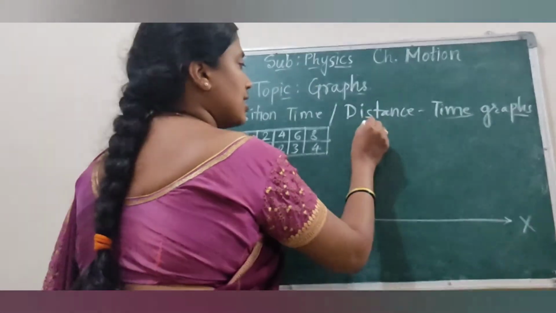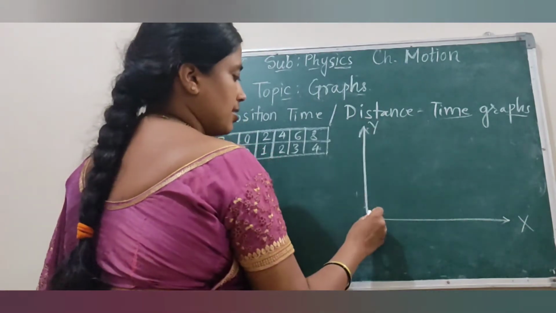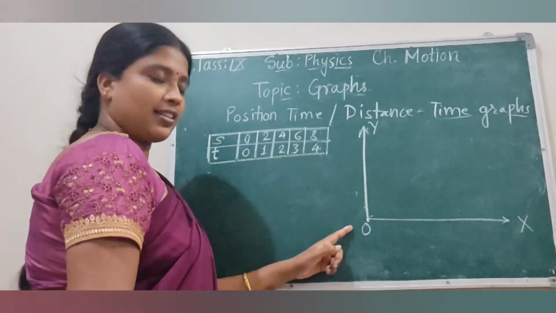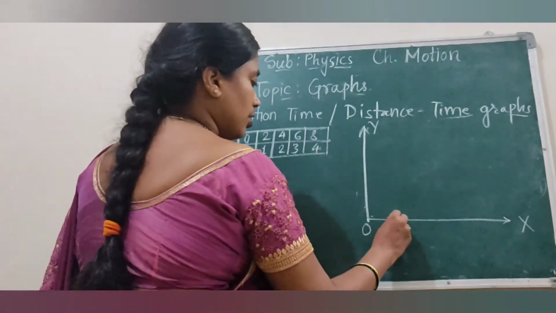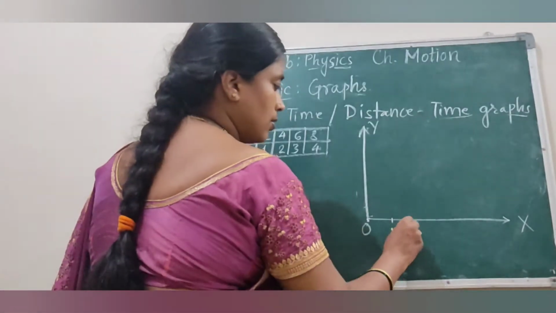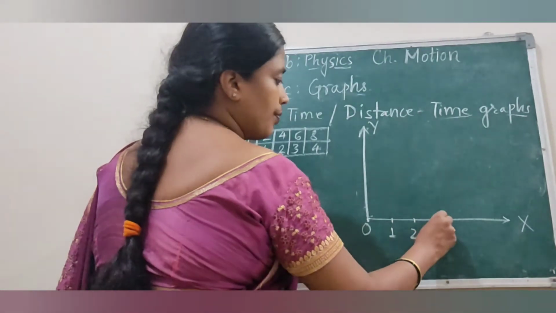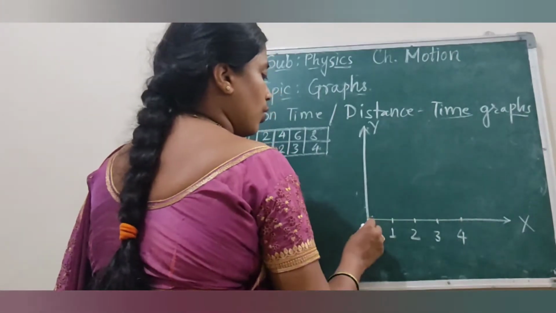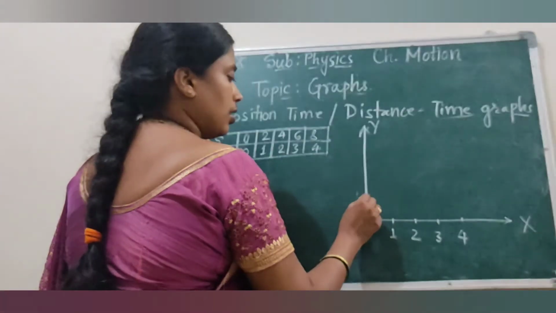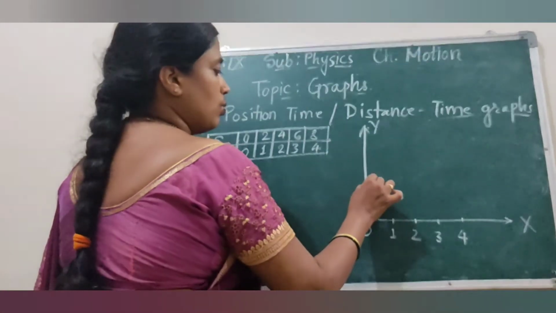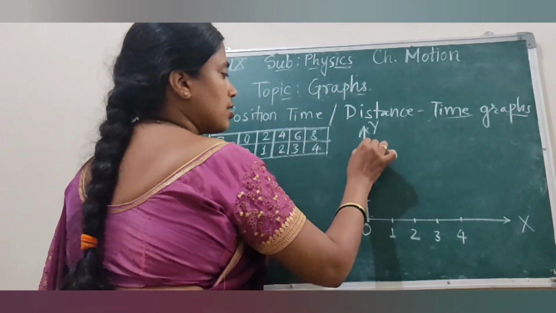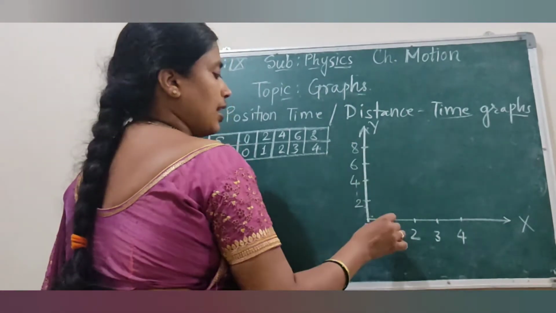This is x-axis, this is y-axis. This is the point of intersection of x and y-axis, that is 0. Now this is 1, this is 2, this is 3 and this is 4. Here it is 2, this is 4, this is 6, let us say this is 8.